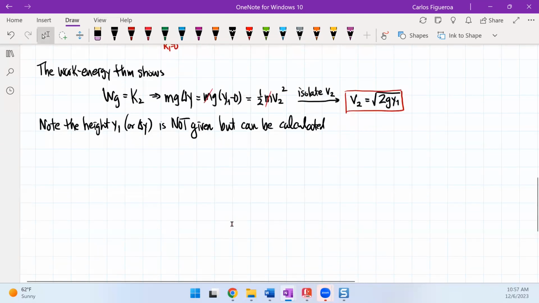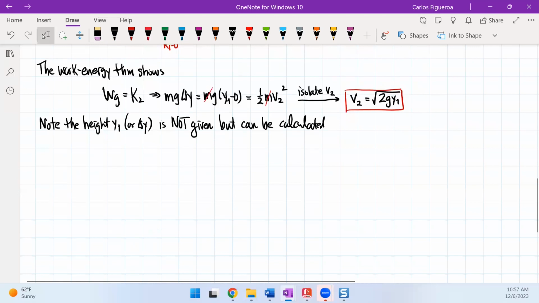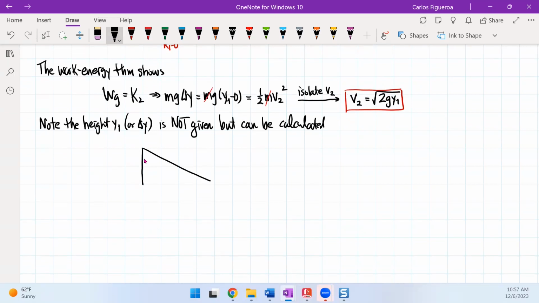If I look at this, there's a triangle that is formed. If I look at my triangle of the incline, it looks something like this.